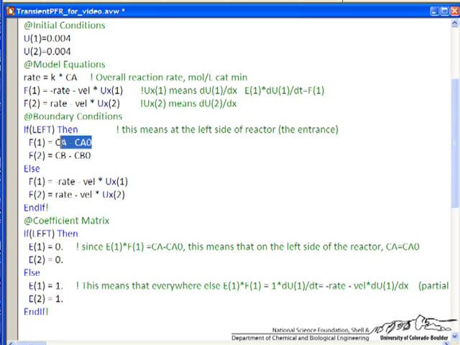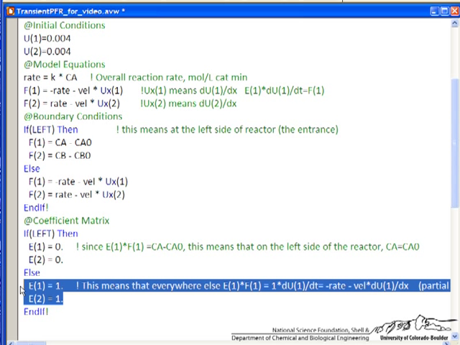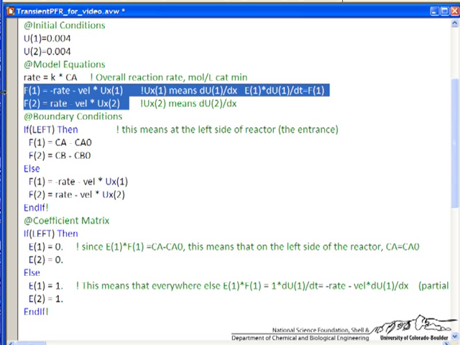So Ca is equal to Ca0 because F1 equals E1 times the derivative. E1 is 0, so therefore F1 is going to be 0 at the left side. It's 1 everywhere else, which means these equations that are written down here now apply everywhere else. And that's all we need to solve.